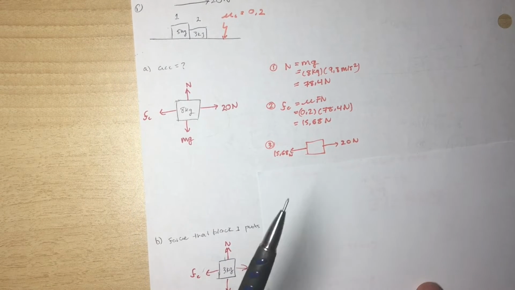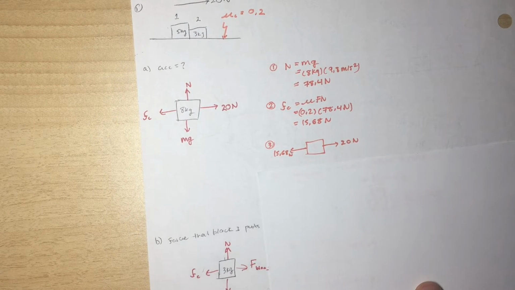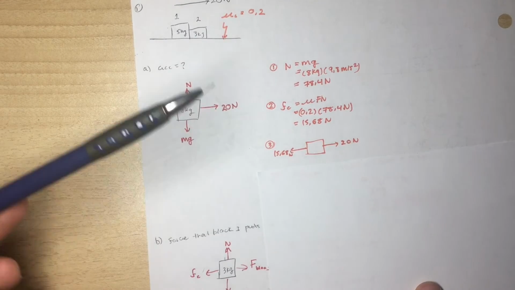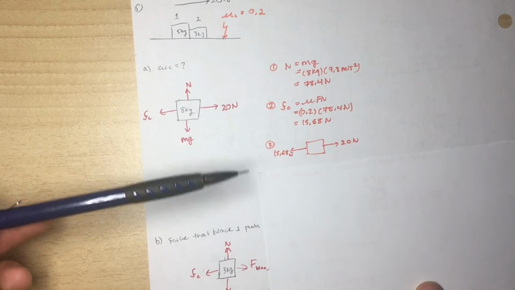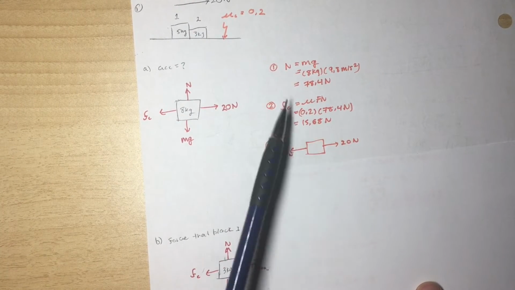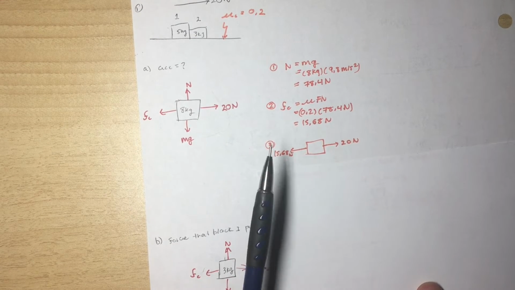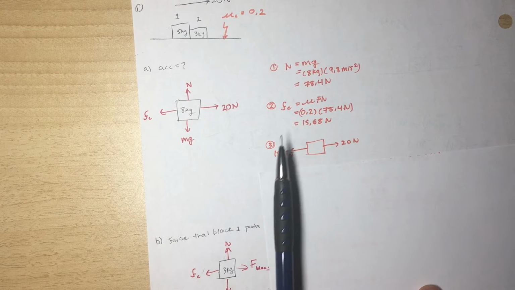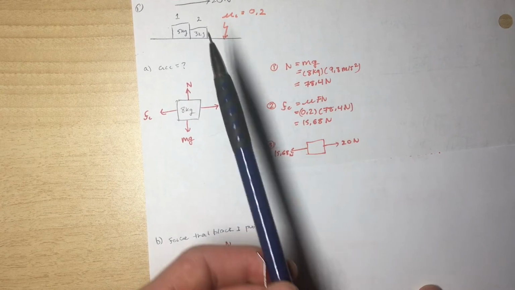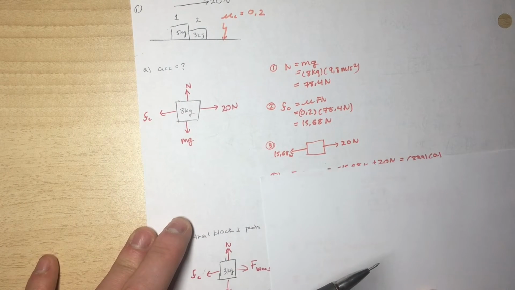Next we can update our diagram, and since we're just looking at the horizontal acceleration, since the system isn't moving up or down, we can just disregard the normal force and mg in this case, just for simplicity. So we have the 15.68 that we found here, and also the 20 newtons, which was given with the question.